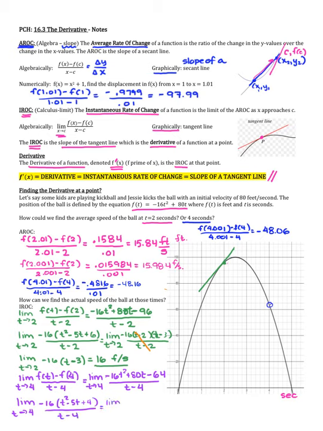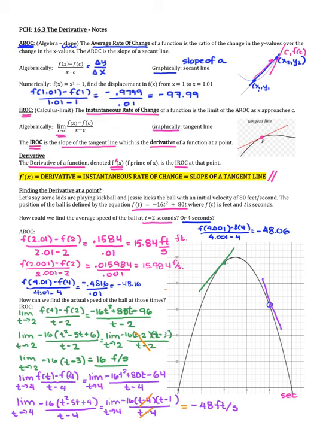Once again, we can factor this. So negative 16, this will give me t minus 4 times t minus 1 over t minus 4. Again, here comes the magic. These will cancel out, which frees me up to just plug in t equals 4. So negative 16 times 3 is a negative 48 feet per second, which is the instantaneous rate of change at t equals 4, if I draw that tangent line.